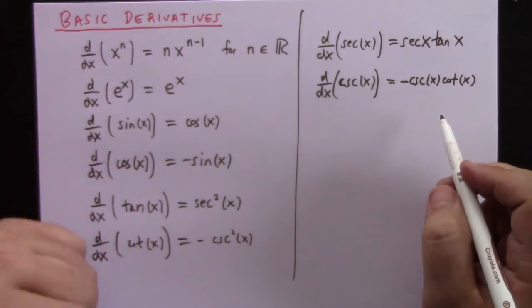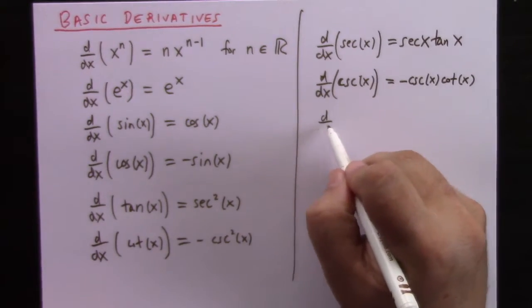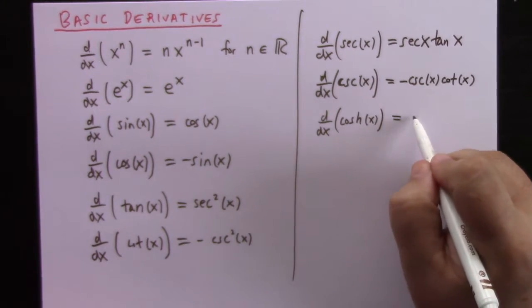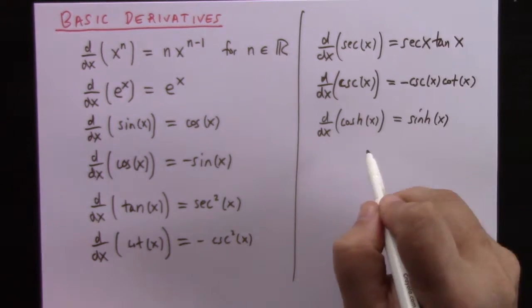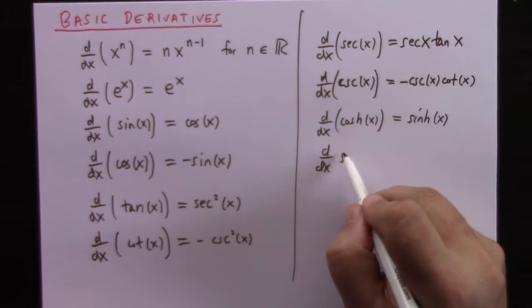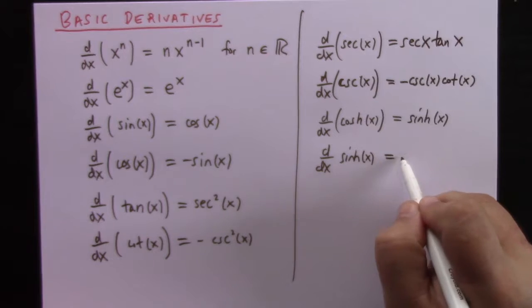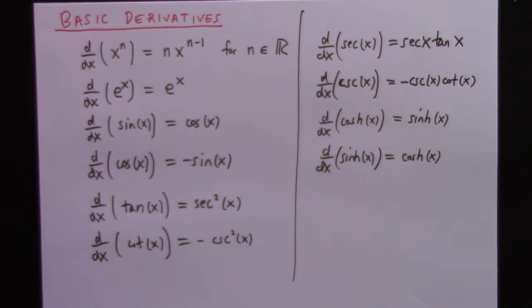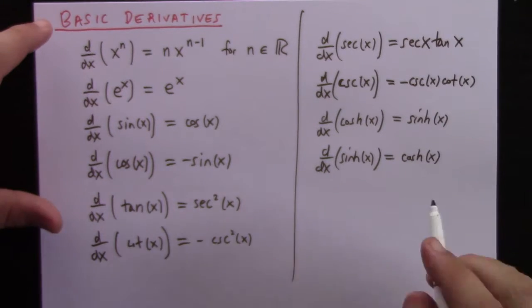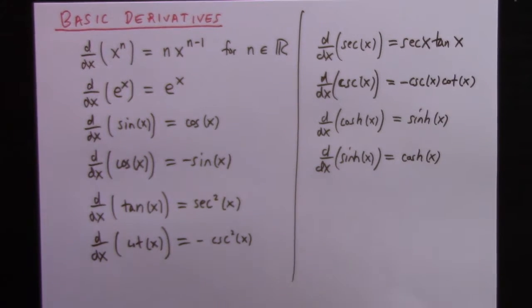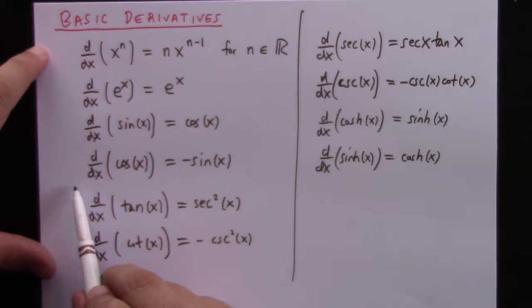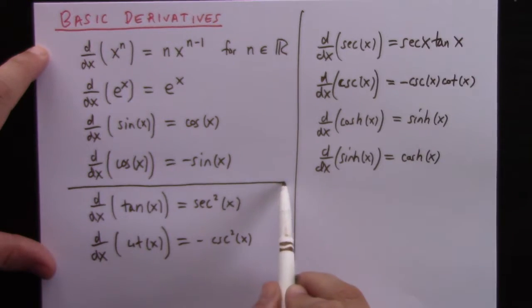Let's see here, what else do we know? The derivative of cosh x is sinh x. The derivative of sinh x is cosh x. All right. Anything else basic I've left out here? So these, you really should just know these. I can derive, honestly, probably just these I really need to know.